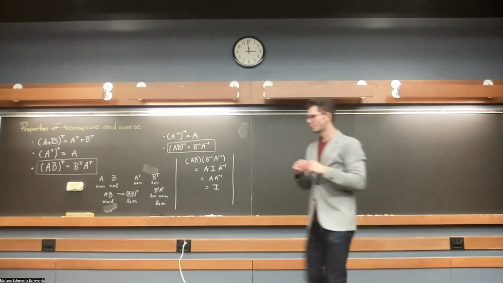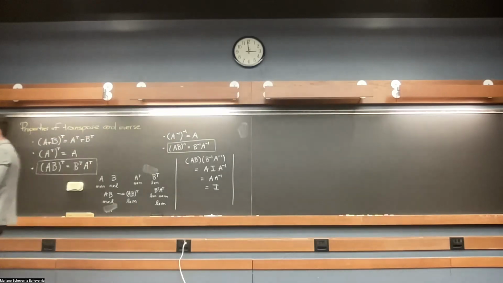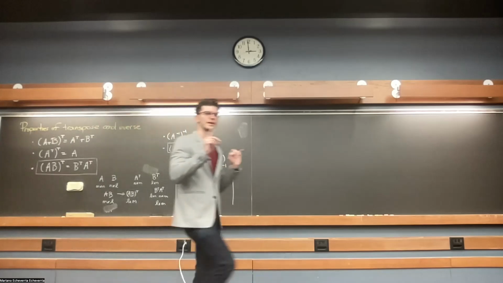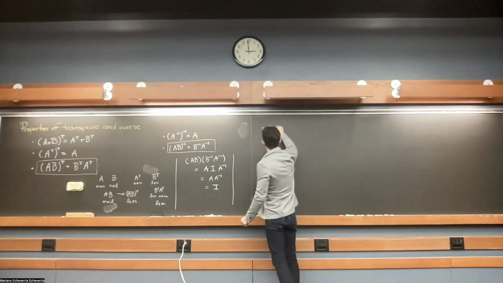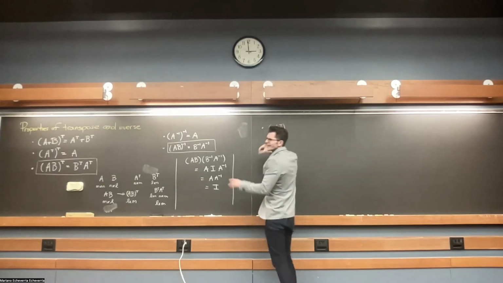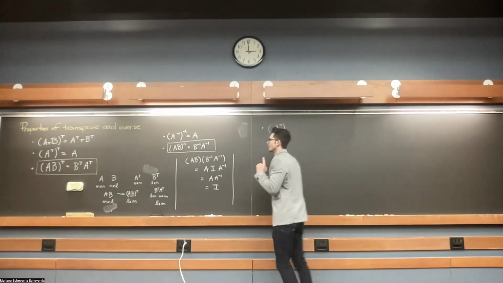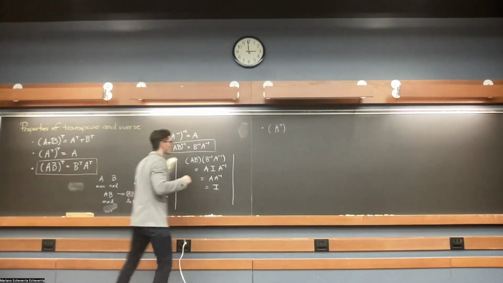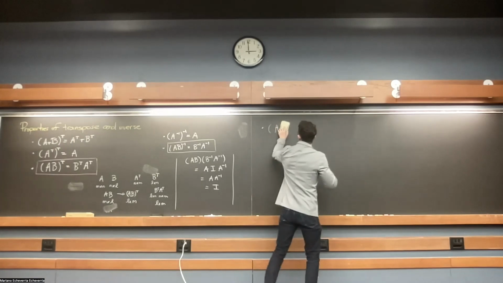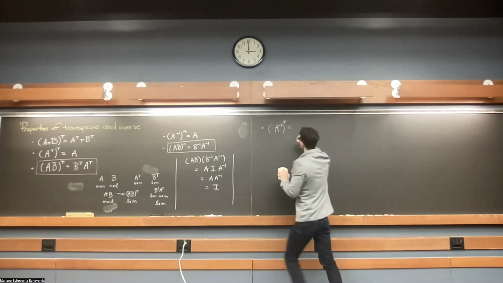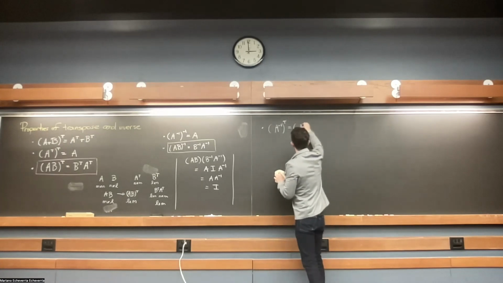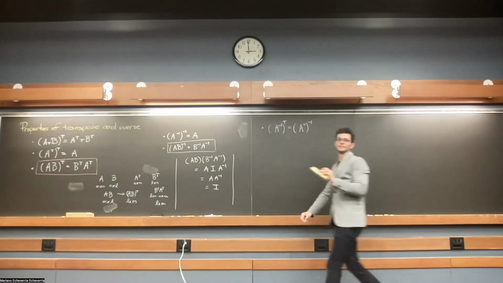And the last property that I wanted to mention is that the inverse and the transpose actually interact in a nice way. So this is also an important property. If you take the inverse of a matrix and then transpose that, assuming everything is invertible, that's the same as having transposed first and then taking its inverse.